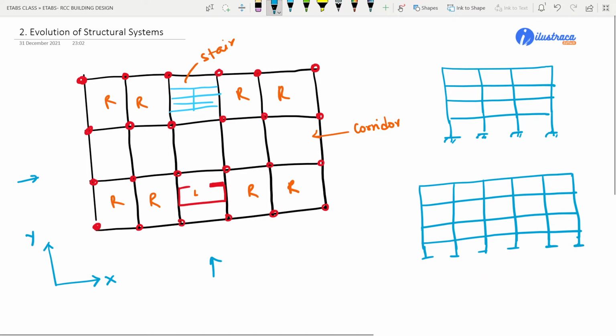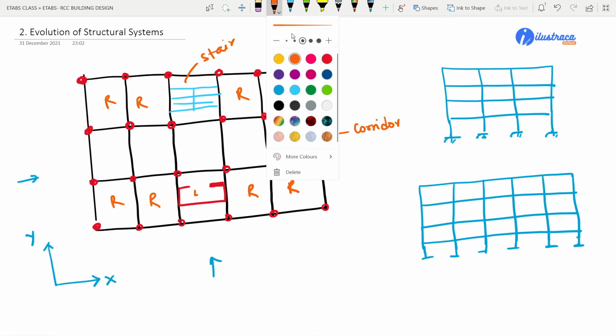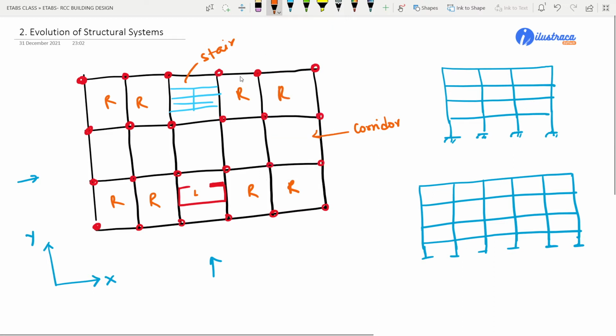Now along the x direction, how many frames do we have? I will explain in a while what frames are. Just remember, frames are the vertical and horizontal members connected with rigid joints.